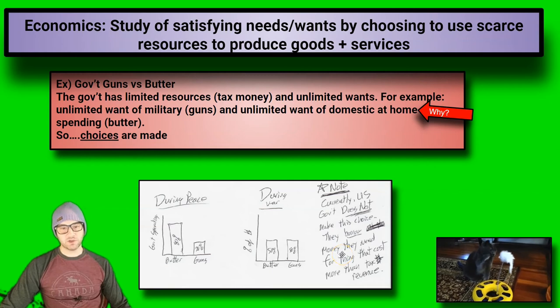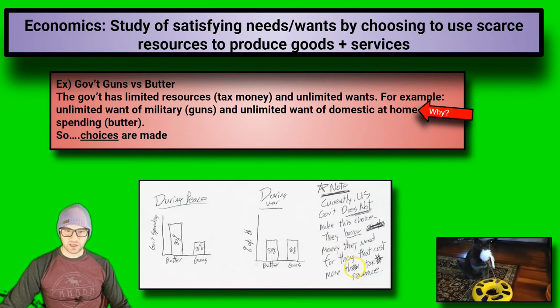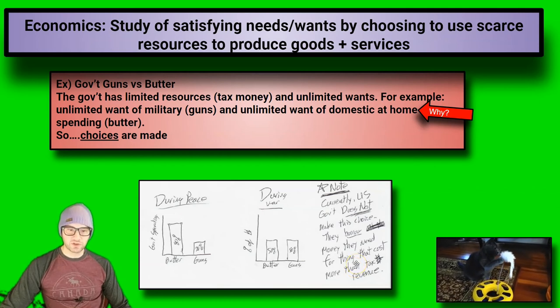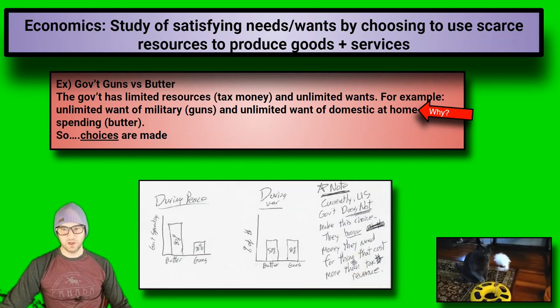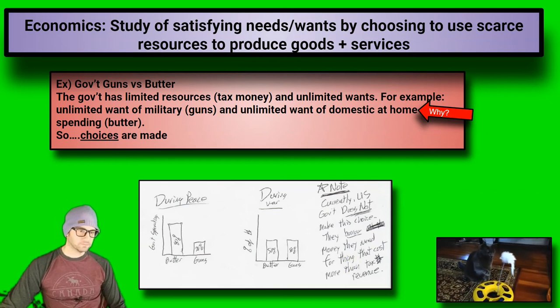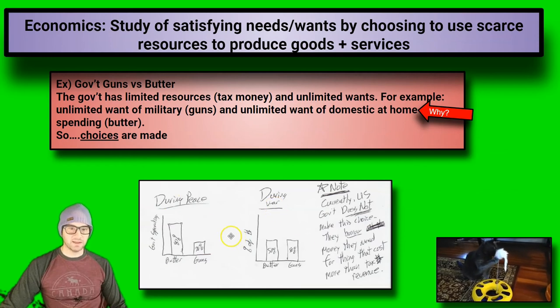So if the government wants to increase military spending, they just borrow more. If the government wants to make at-home programs, they just borrow more. There is no choice anymore in the U.S. government. They do not choose to reduce spending to increase somewhere else. They may say they do, but in reality, the government borrows the money to pay for their spending every single year. But it is still important to know how the decisions were made back in the very early 1900s and the 1800s.